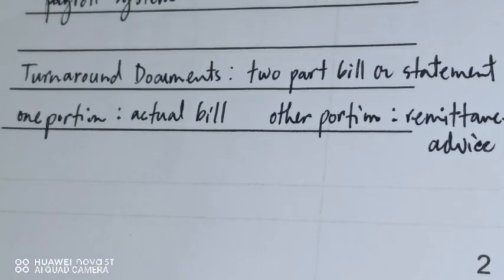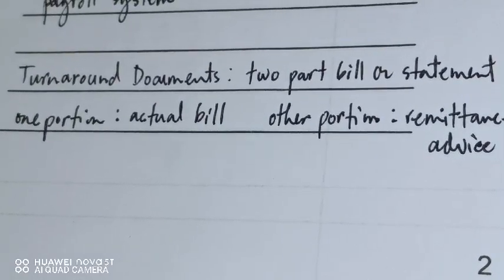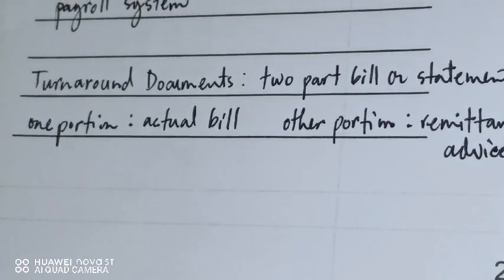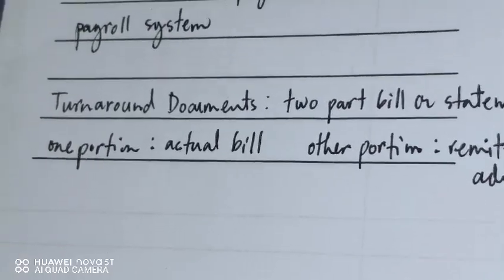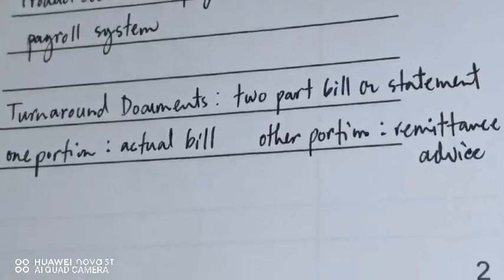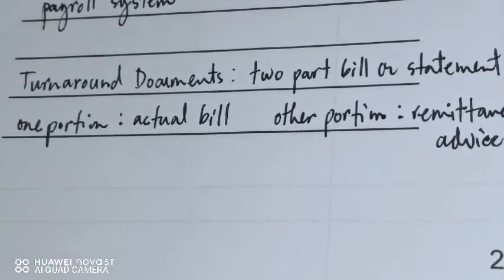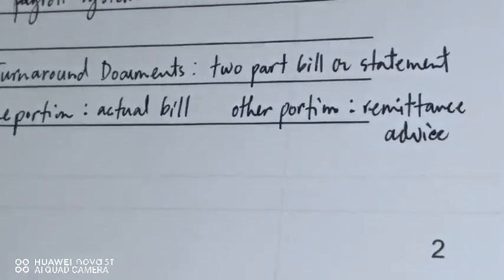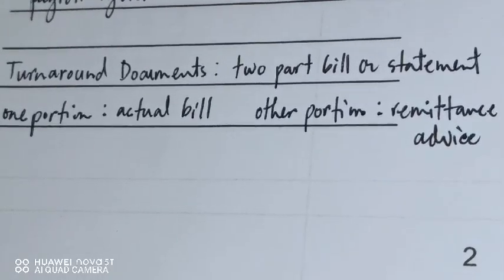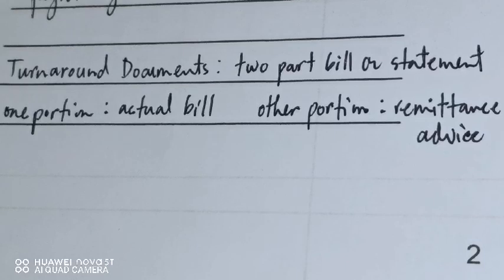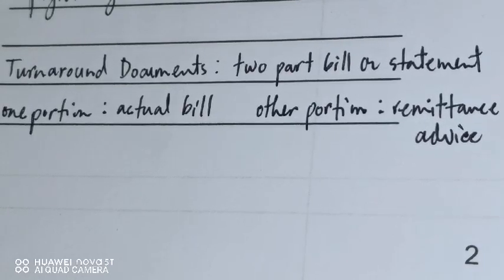Kasi kadalasan ang nagiging problema pagka may nagbayad na customer, hindi na nalo-locate kung para saan bang bill yung ibinayad ng customer. Ngayon, kung may naka-attach na ganitong remittance advice, malalaman agad ng company kung para saang bill yung binayaran niya.